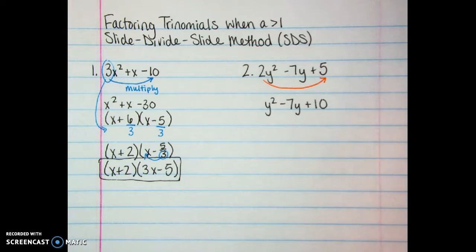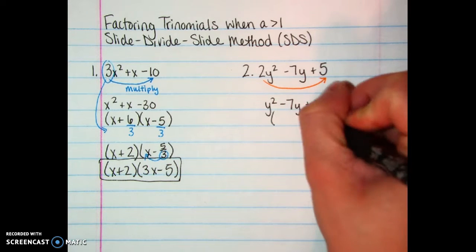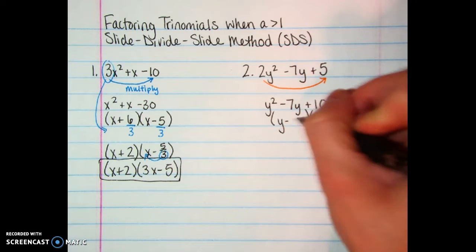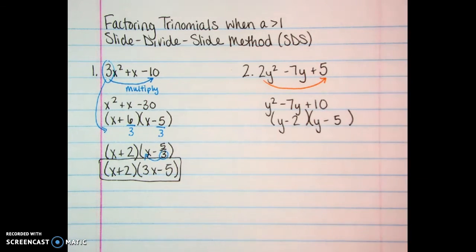Now I need to factor it. That is minus plus, so both of them are going to be negative. So I need two numbers that multiply to get 10 and add to get negative 7. Those two numbers are negative 2 and negative 5.